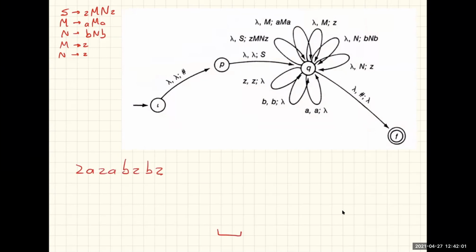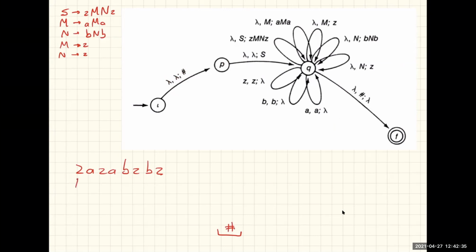We will assume it's empty. As we said before, maybe there is a lot of garbage here, so we don't care, but we will start at this point. So we start by adding this hash. And now we have moved from this state to this state. Remember, these lambdas mean that we will ignore the input and we will ignore the top of the stack. We will just insert a hash into the stack.